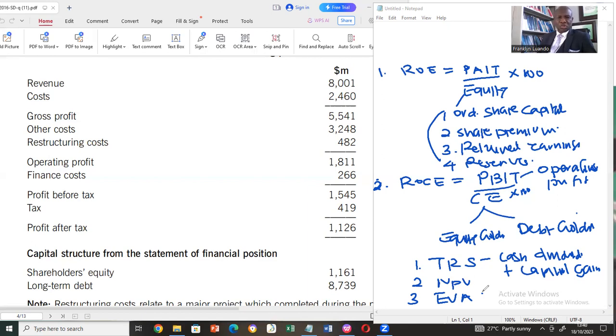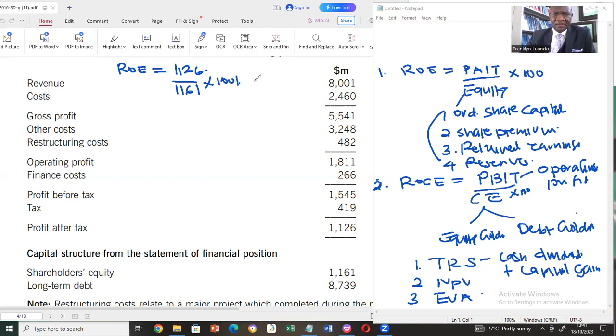Now, coming to the question here, if we are calculating return on equity, we have profit after tax is 11.26, then we have shareholders' equity, 1161, multiplied by 100%.